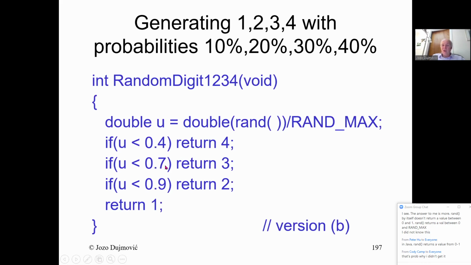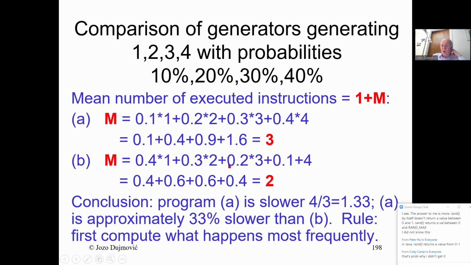So 30% times 2, 20% times 3, and 10% times 4 lines of code. Therefore, the second has 2 statements. So by changing the order of these statements, you can go from 3 to 2, which is practically a 33% difference in performance. A is 33% slower than B if I write that in the wrong order.